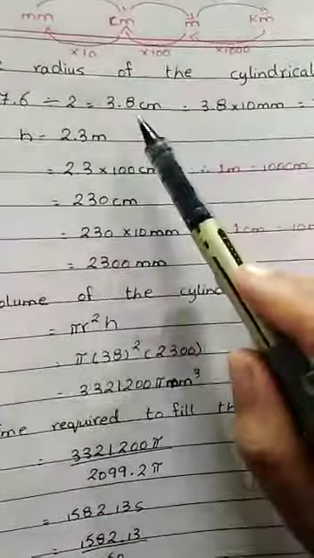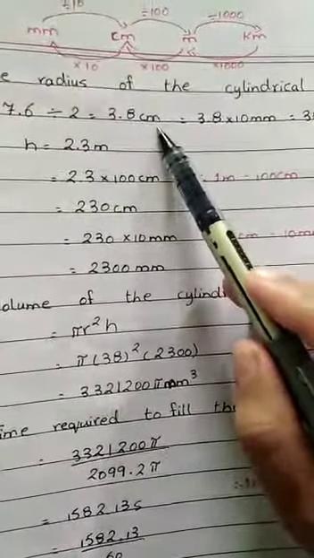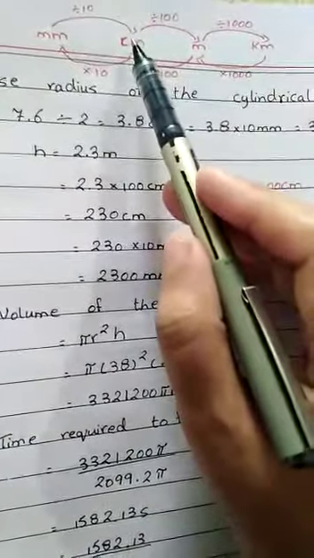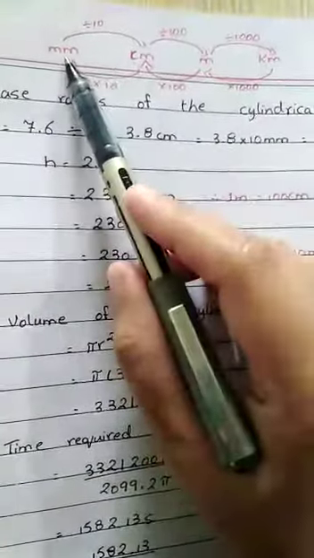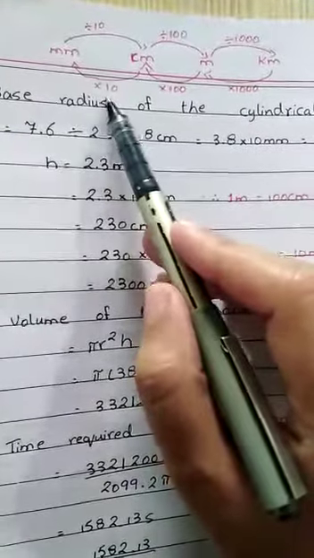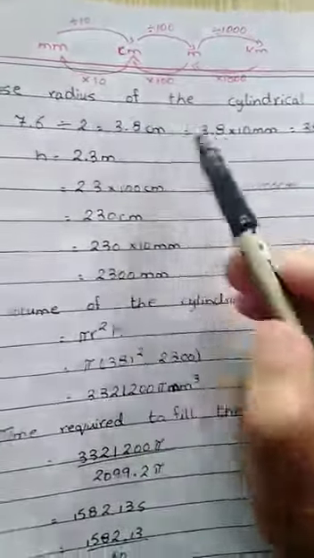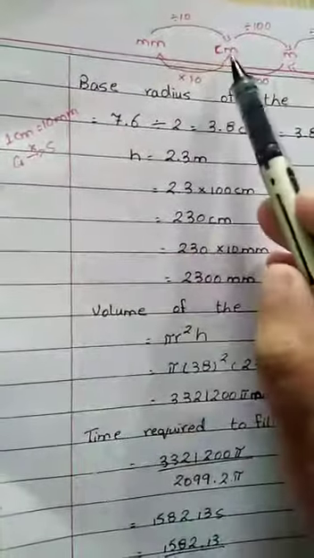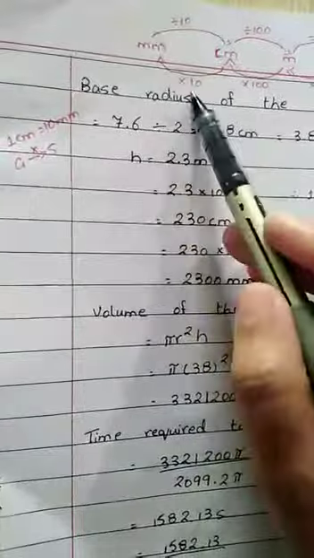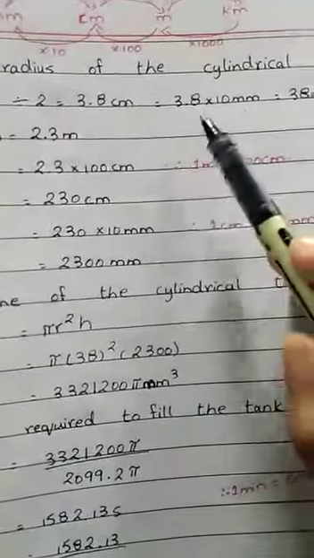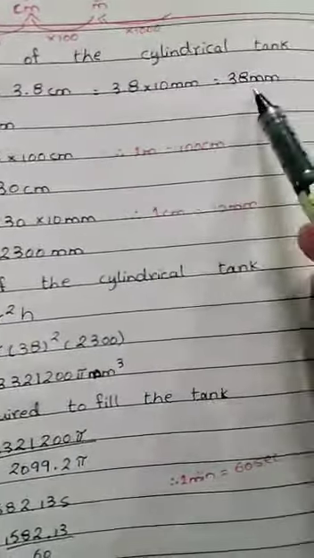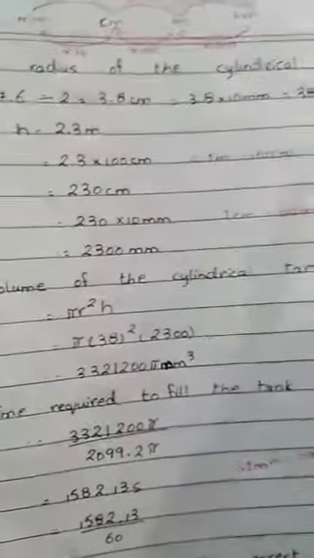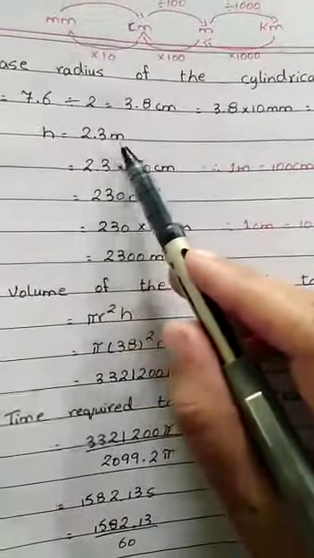Now we have 3.8 centimeters, and we want to convert centimeters into millimeters. So I will multiply it by 10, because 1 centimeter is equal to 10 millimeters, and we are converting from the greater unit to the smaller unit. So 3.8 multiplied by 10 gives 38 millimeters. Now the height of the cylindrical tank is given as 2.3 meters.